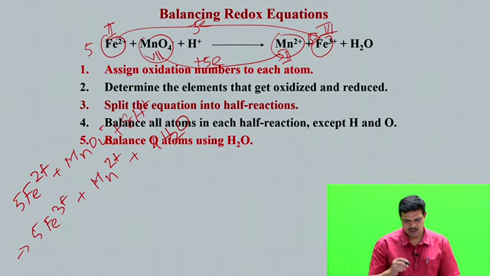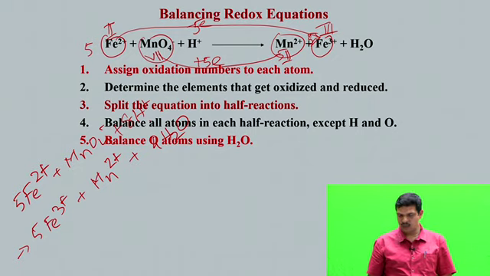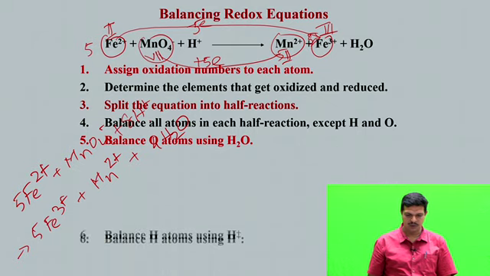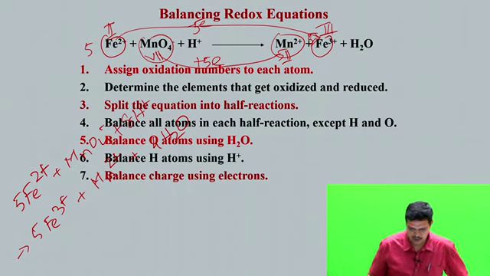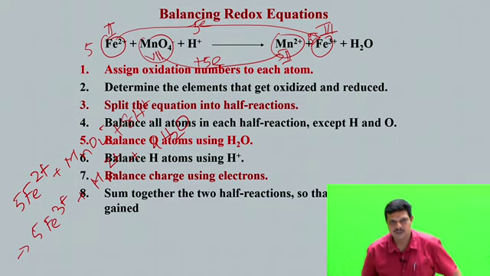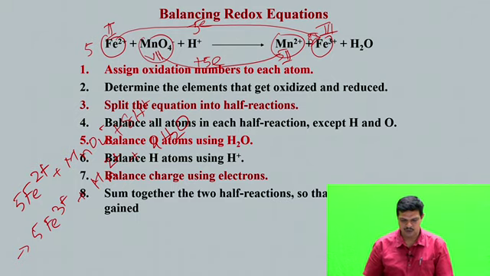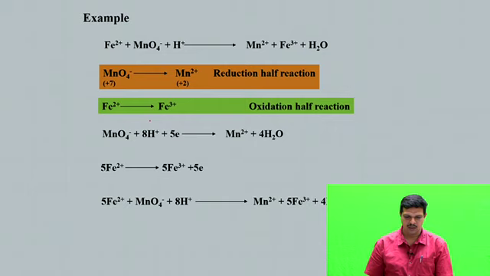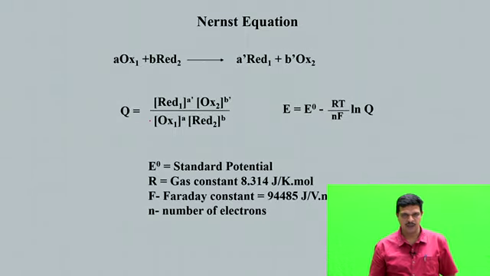If it is in acidic medium, you have to add the required number of protons, and the number of oxygen atoms will become an equal number of water molecules. And if it is a basic medium, then you have to add OH- accordingly. So, very simple reactions.